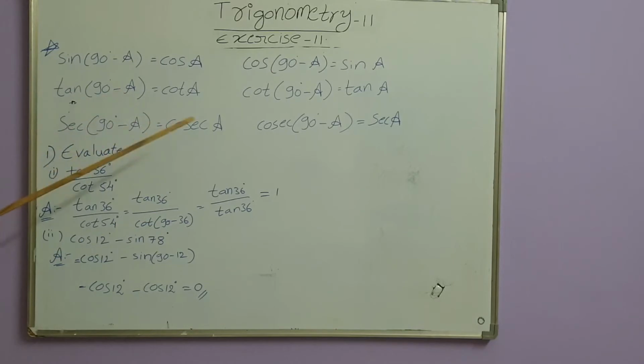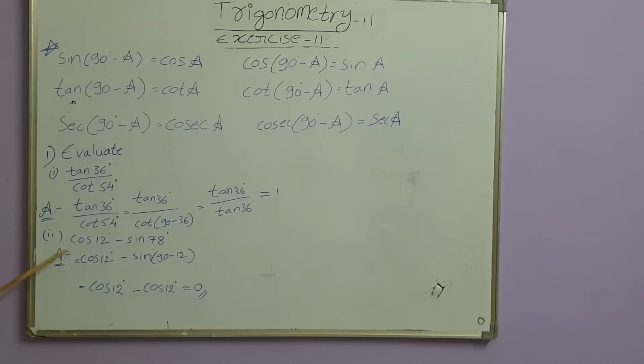See here, cot(90 degrees minus a) is equal to tan a. Here cot(90 degrees minus 36) becomes tan 36 degrees. Tan 36 degrees by tan 36 degrees cancel. We get 1.